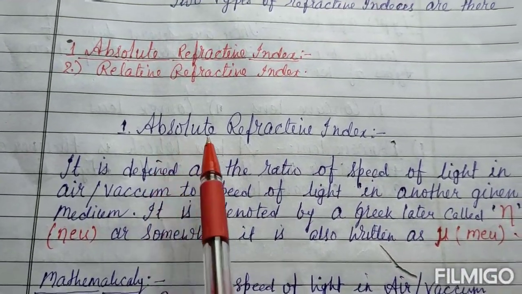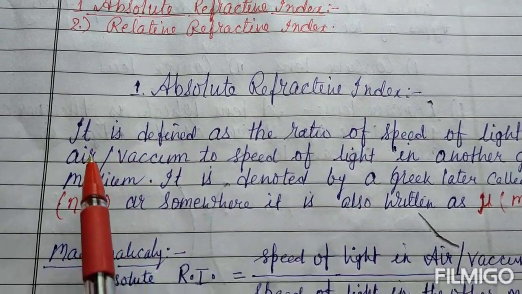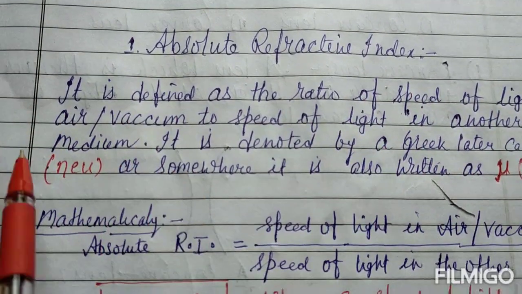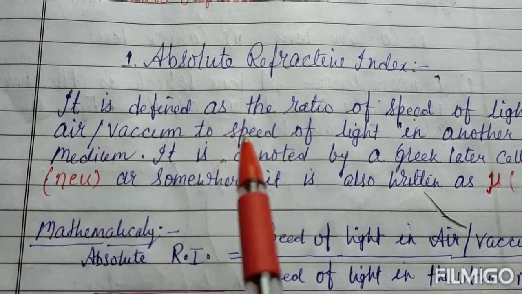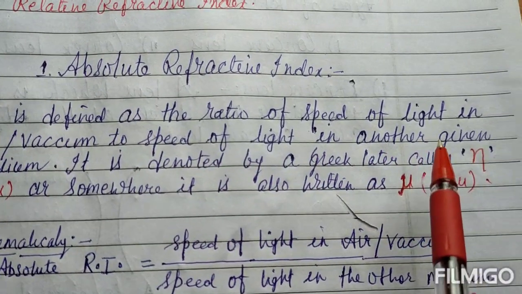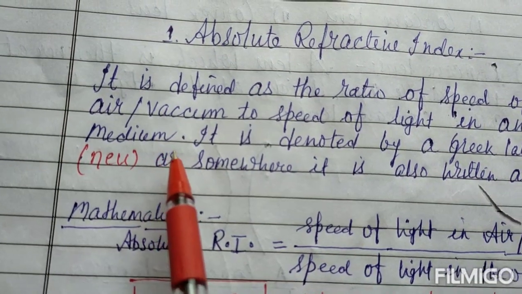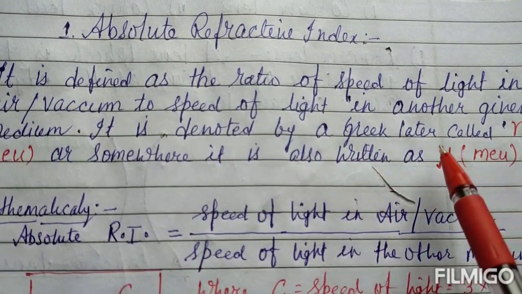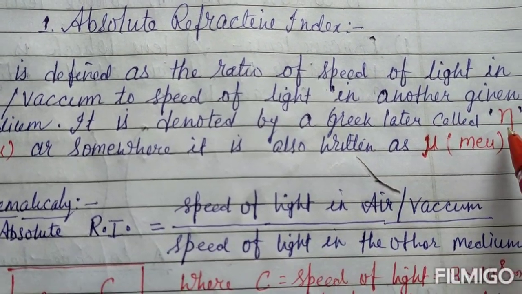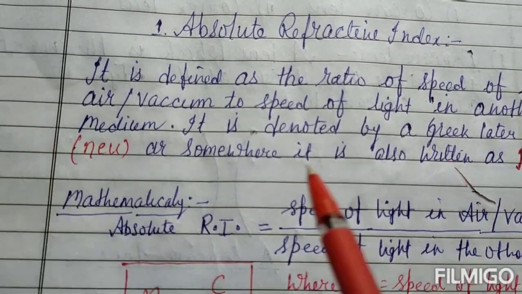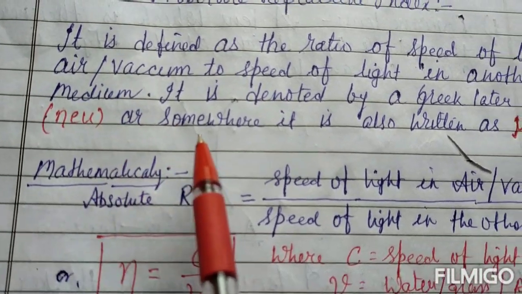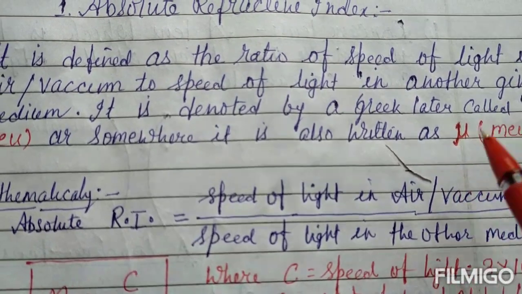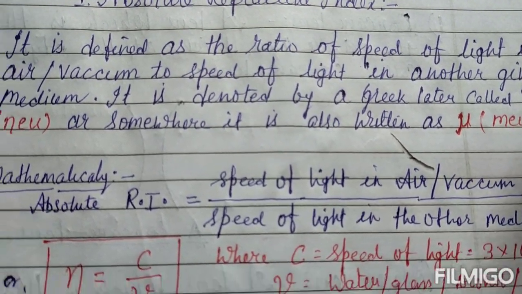First is absolute refractive index. It is defined as the ratio of speed of light in air or vacuum to speed of light in another given medium. It is denoted by a Greek letter called nu, N-E-U, or somewhere it is also written as mu, M-E-U.